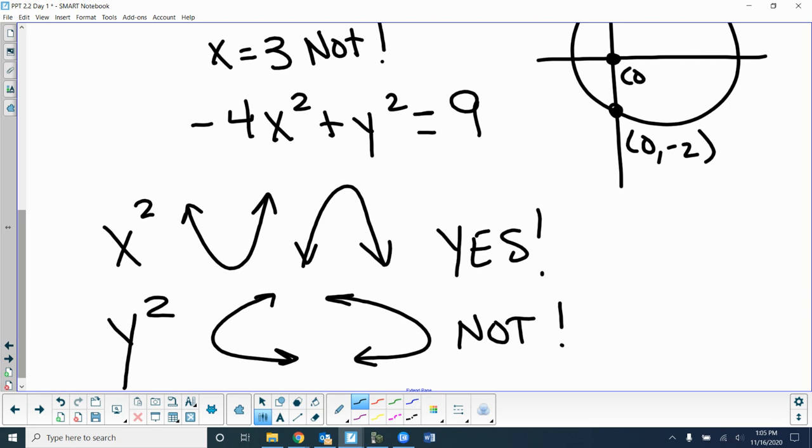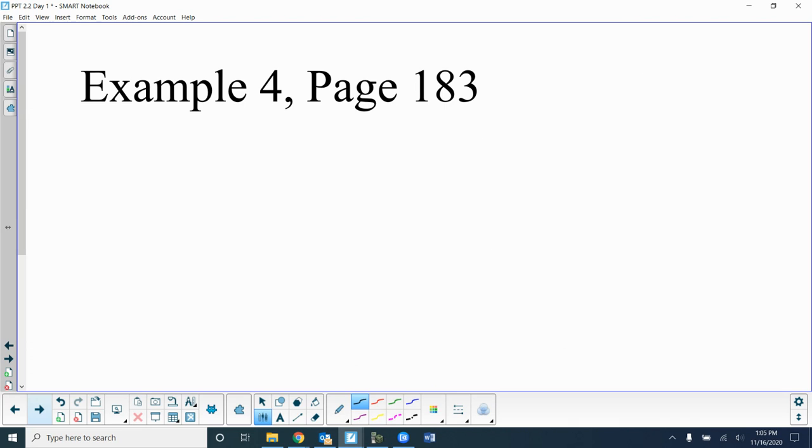All right, so that's like example 3 in your book. You have a few problems where I'll give you a couple equations and you'll have to tell if it's a function or not. Example 4 is asking for the domain of a function, which means what again? The x values, right? So here's our function, g of t.